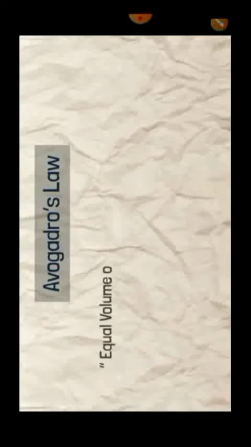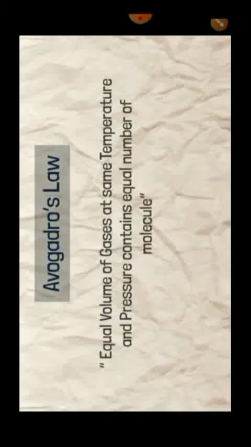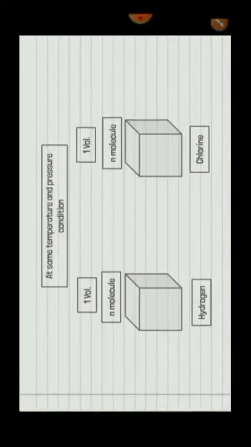According to Avogadro's law, equal volumes of gases at the same temperature and pressure contain an equal number of molecules, irrespective of the nature of the gas. Suppose 1 volume of hydrogen contains n molecules and 1 volume of chlorine contains n molecules.